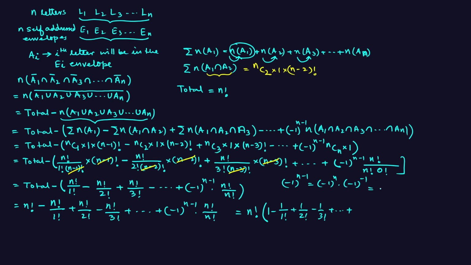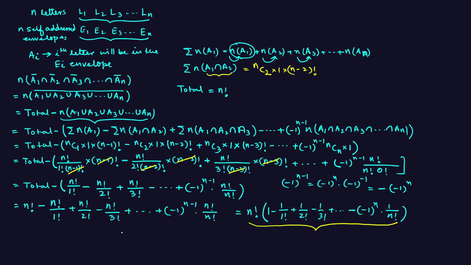Minus 1 to the power minus 1 will give us minus 1 whole to the power n. So I can write this as minus 1 whole to the power n into 1 by factorial n. That's it. Okay. And this is the total number of ways of derangement of these n letters.